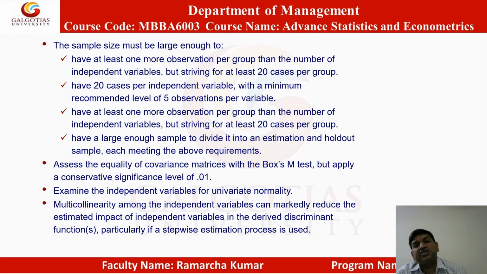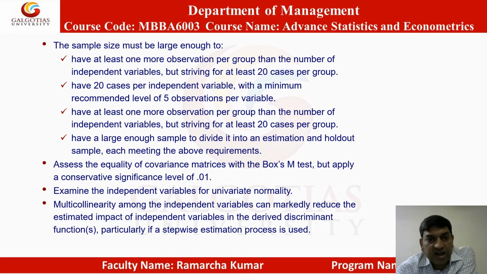Sample size must be large enough to have at least one more observation per group than the number of independent variables, but strive for at least 20 cases per group. Have 20 cases per independent variable, with a minimum recommended level of 5 observations per variable.